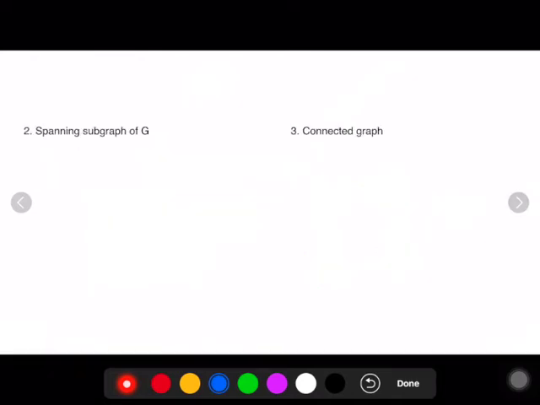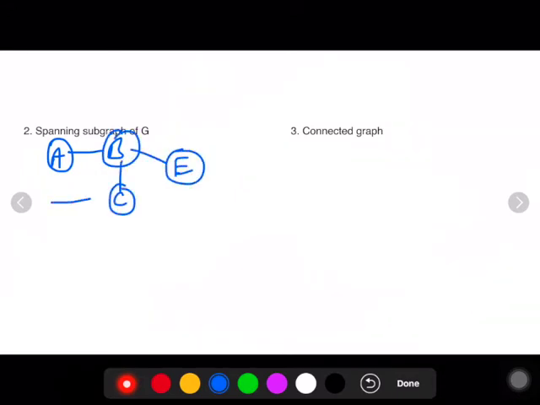So what is a spanning subgraph of G? A spanning subgraph of G will contain all the vertices of G and may not contain all the edges of G. So for example, if I take A, B, C, E and D like this, let's say this is my graph, a spanning subgraph can be something like this.